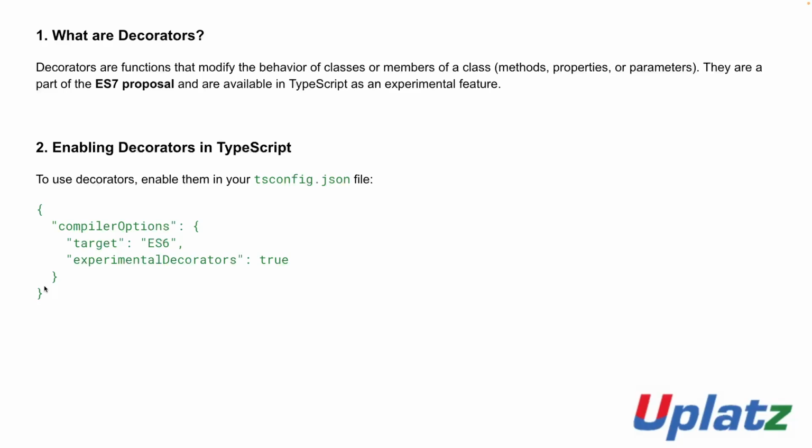Within curly braces, within quotes, compilerOptions, colon, within curly braces again, within quotes target, colon, ES6, comma, then within quotes experimentalDecorators, colon, true. All the curly brackets are closed. So this is important: experimentalDecorators true.